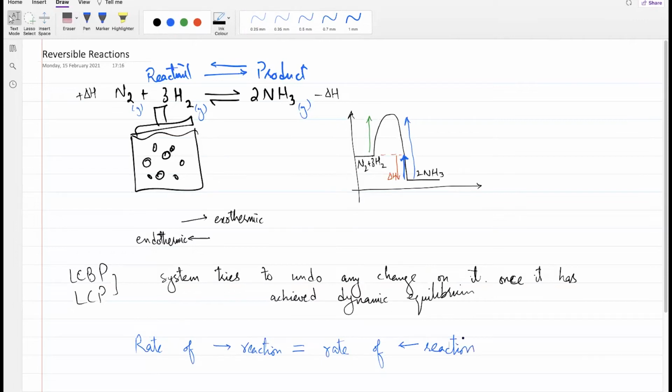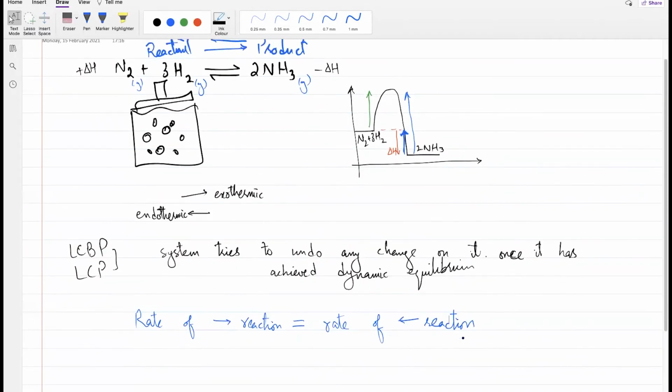Okay, that means at the same speed that ammonia is being formed, nitrogen and hydrogen are also being formed. This means that nitrogen collides with hydrogen, produces ammonia. That ammonia collides with itself to produce nitrogen and hydrogen back.